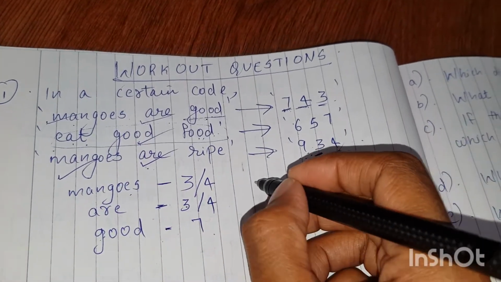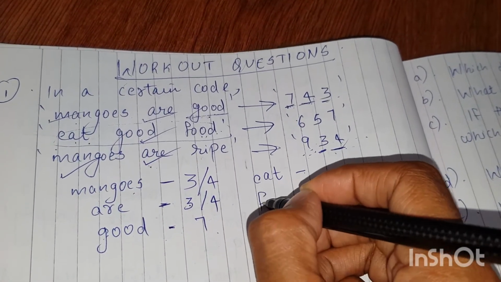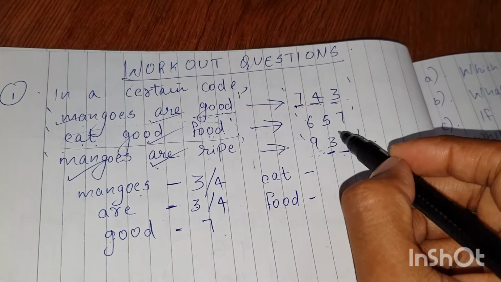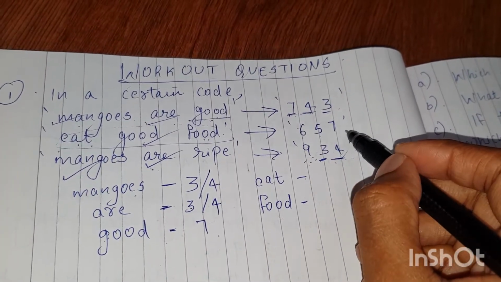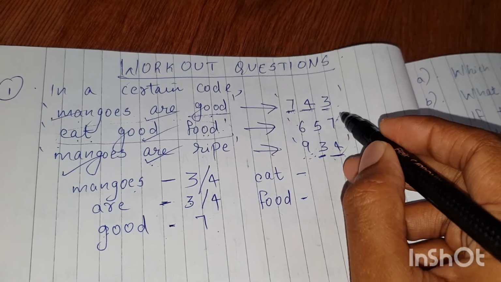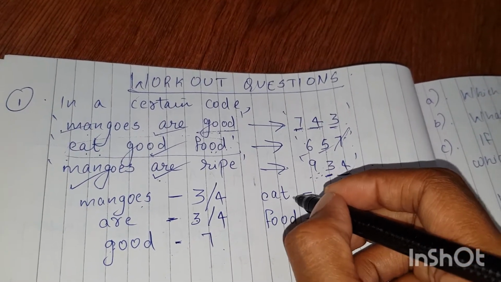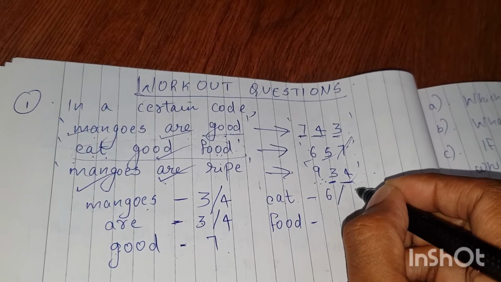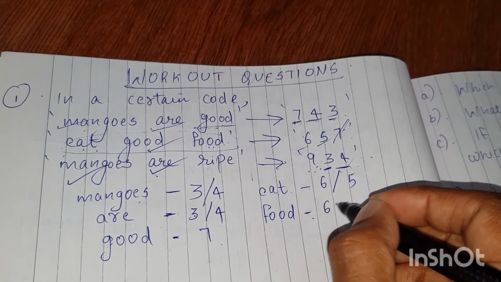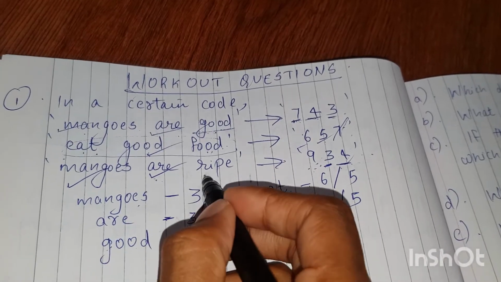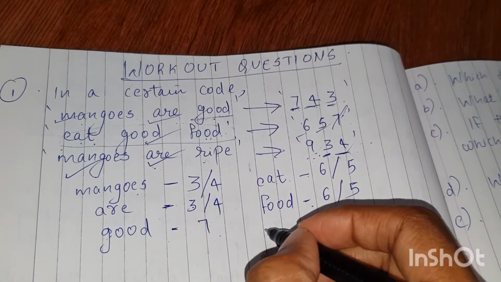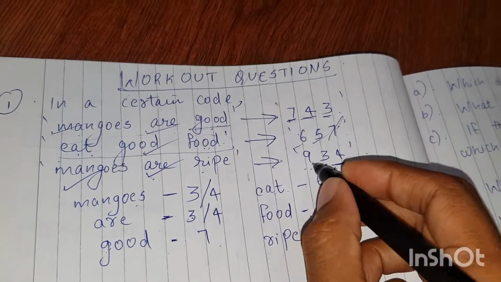The remaining numbers for eat and food in the second line are 6 5 7, and we have already taken the code for good as 7. So the remaining codes are 6 and 5. So the code for eat is either 6 or 5. The code for food is also either 6 or 5. Now going to the third line, there is only one word remaining, ripe. The code for ripe is 9.